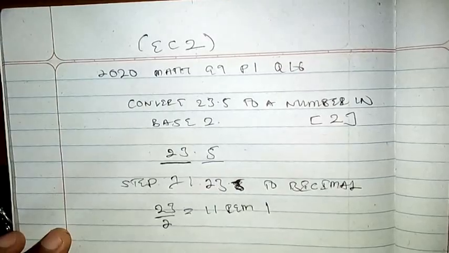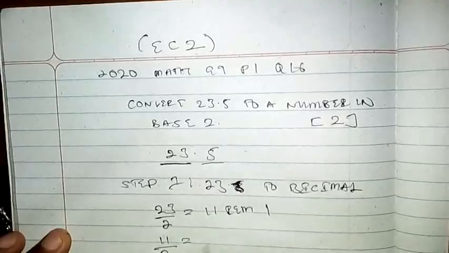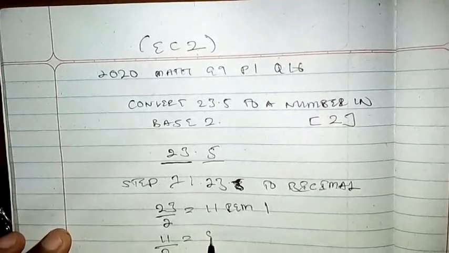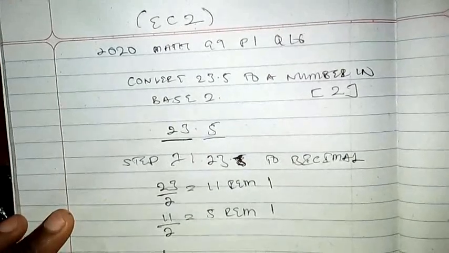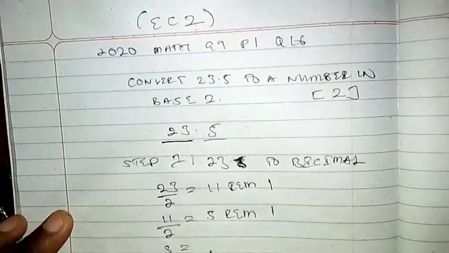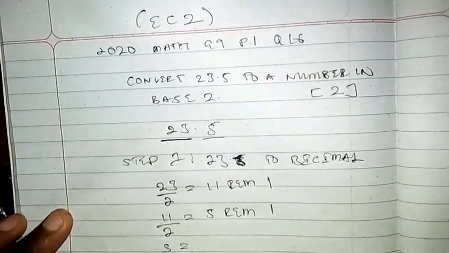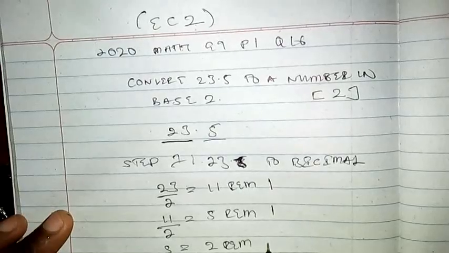So we continue. We get that same 11 divided by 2. It's going to be 5, remainder 1. Then we get this 5 divided also by 2, and we are going to get 2, because 2 into 5 is 2, remainder 1.